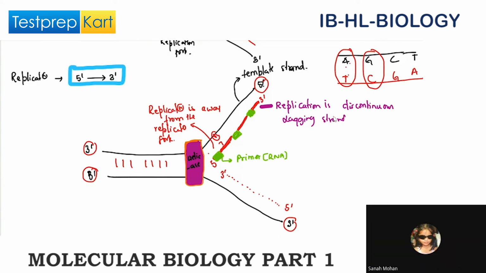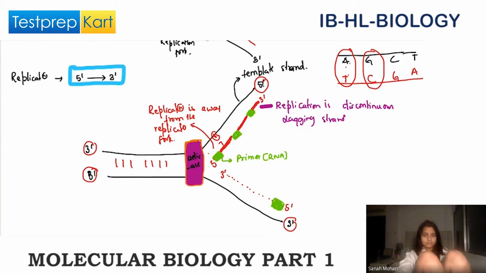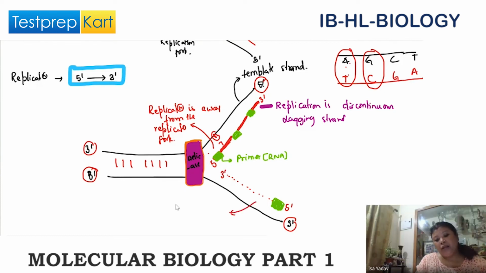But see here. Only one primer will be there. This replication, can you see it is towards the replicating fork? Here, the replication is towards the replicating fork.